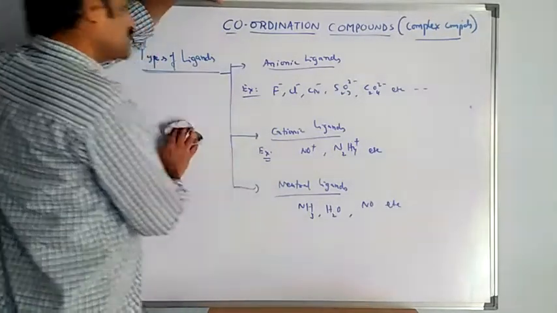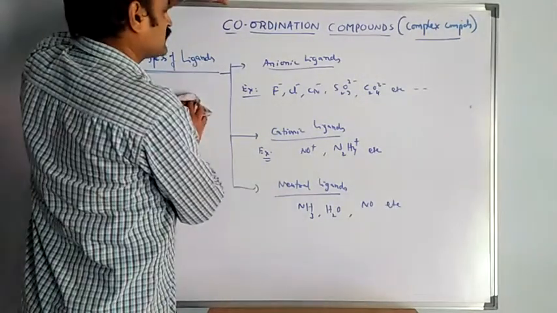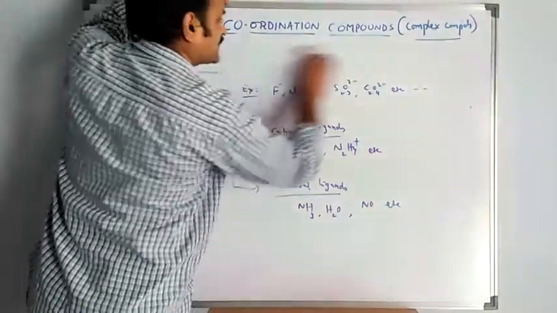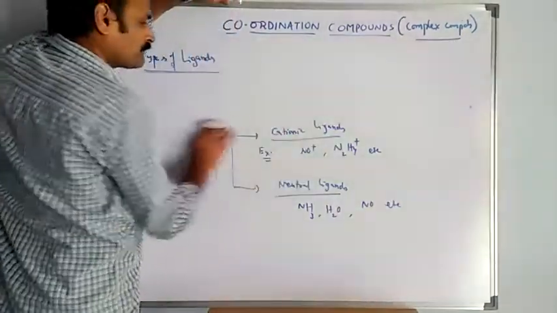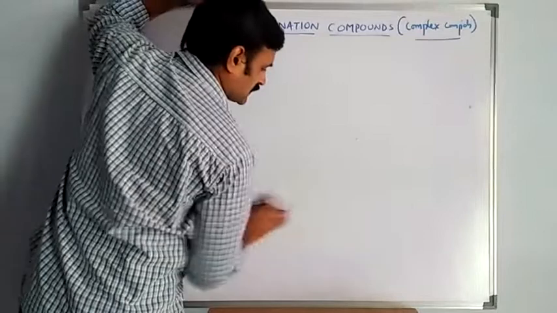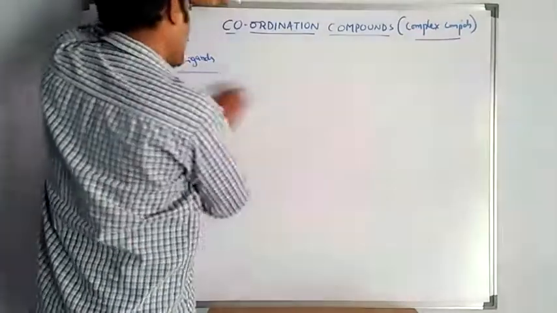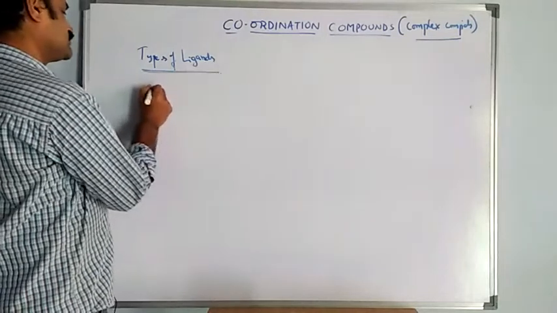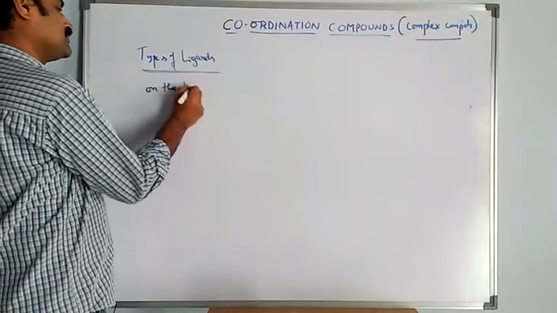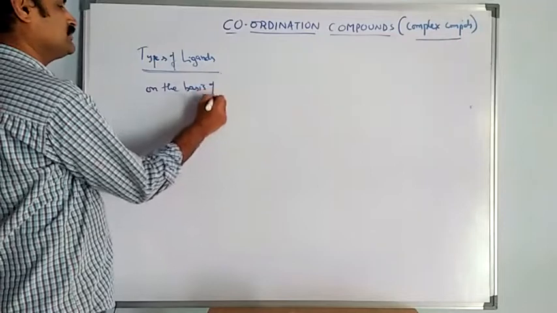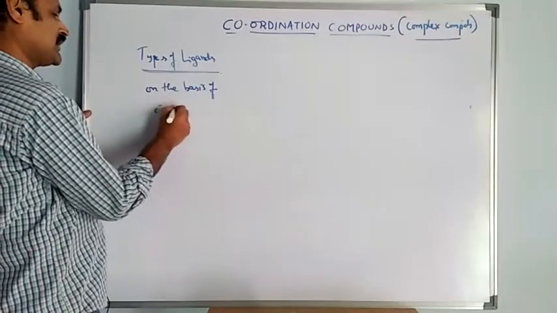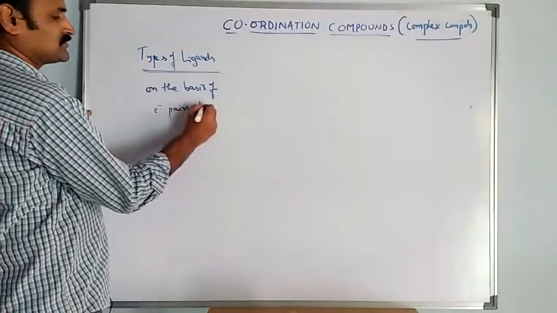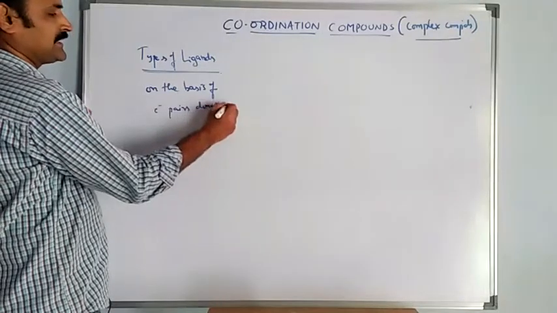We will further divide the types of ligands on the basis of the number of pairs of electrons donated by them to the central metal ion. So the types of ligands on the basis of electron pair donating capacity.